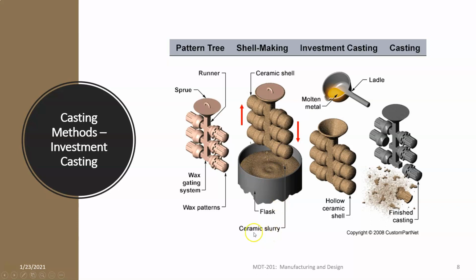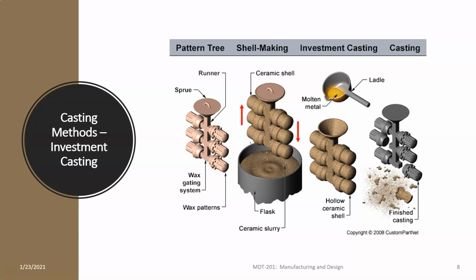Then what we do is we take this and we dip it over and over again in what's called a ceramic slurry. Basically, like it's a plaster type ceramic slurry. And the slurry is going to stick to the pattern, right? So you dip it over and over again. And basically, you want to create this hard ceramic shell. Think of making an M&M, a peanut M&M, right? So this is our peanut right there. And we want to coat it in a hard coating of chocolate.